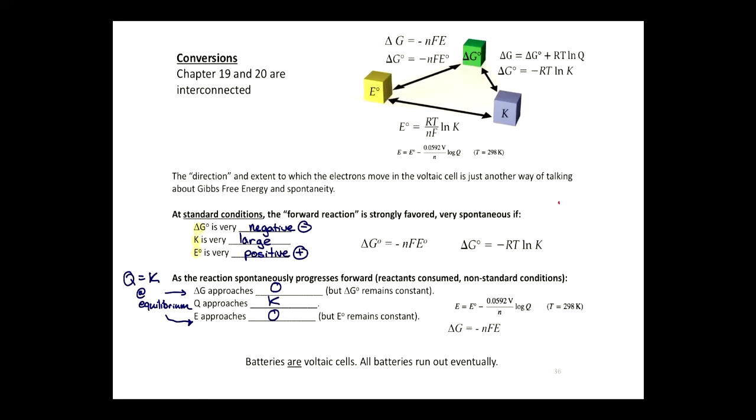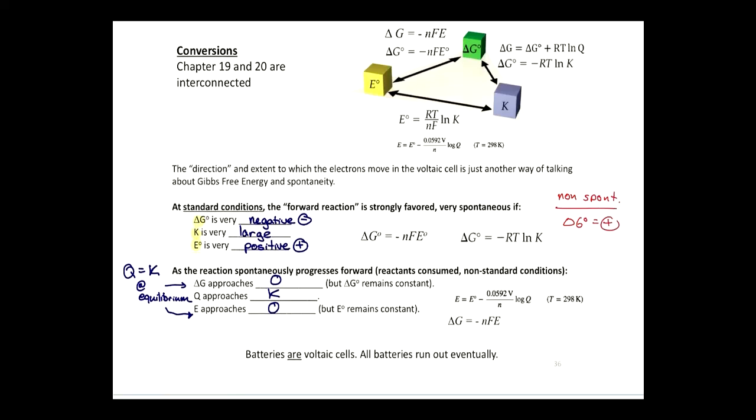A non-spontaneous reaction is going to have a delta G value that's a positive number, K is going to be a really small number, and E cell is going to be a negative number, right? That's what a non-spontaneous reaction would look like. A reaction that's not a very good battery, right?